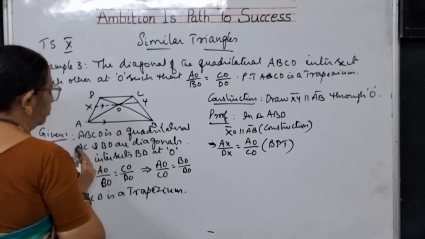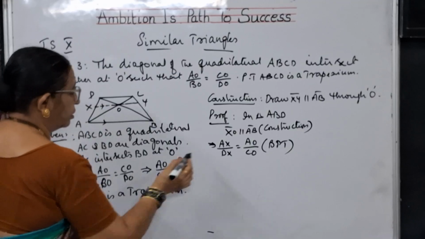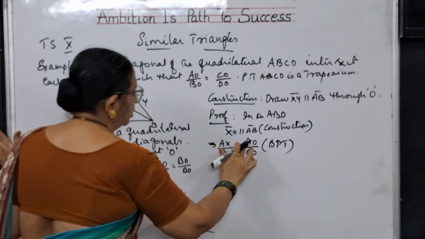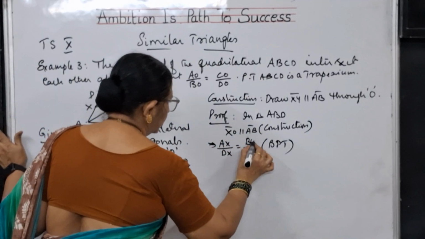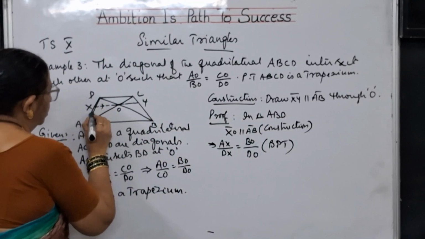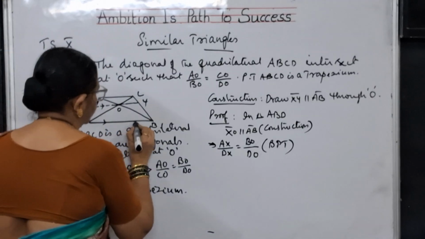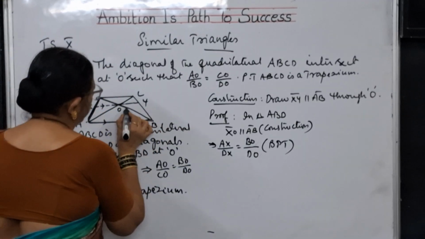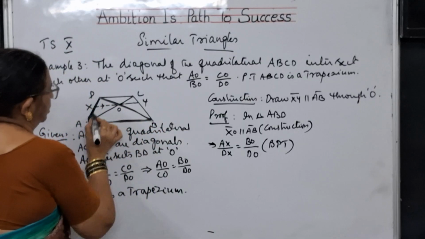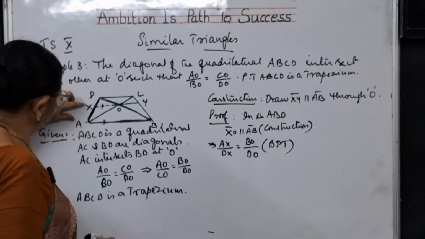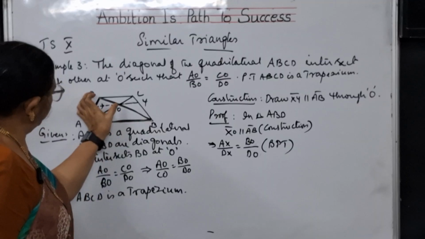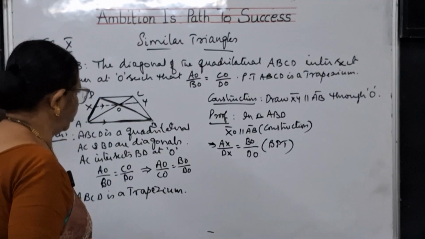Here we are talking about triangle ABD, so we have to talk about these two sides only. So AX by DX is equal to BO by DO basing on BPT.